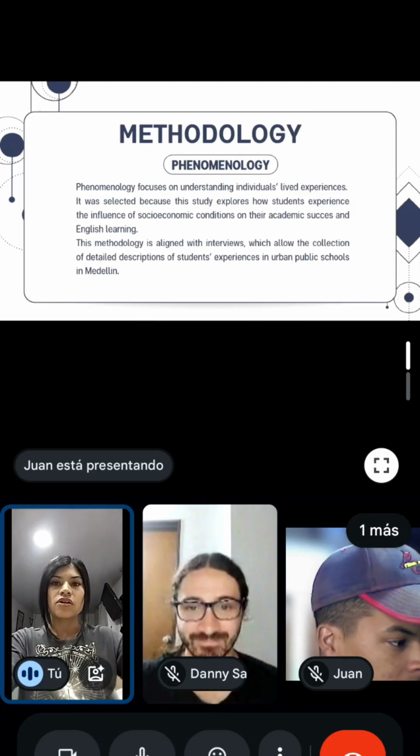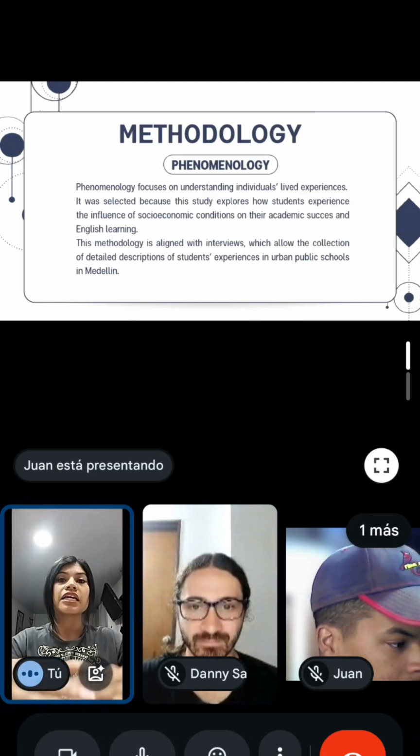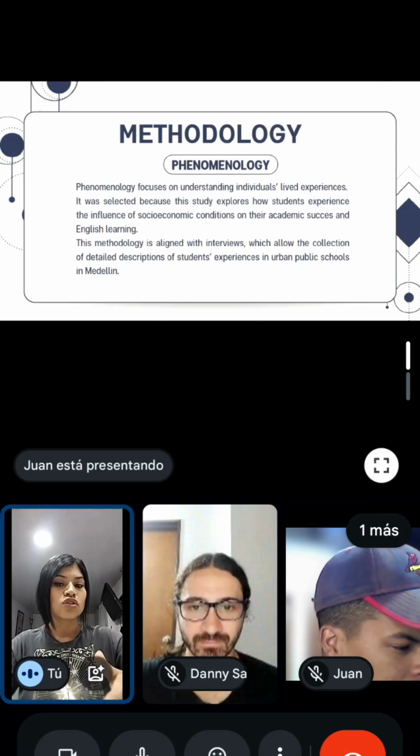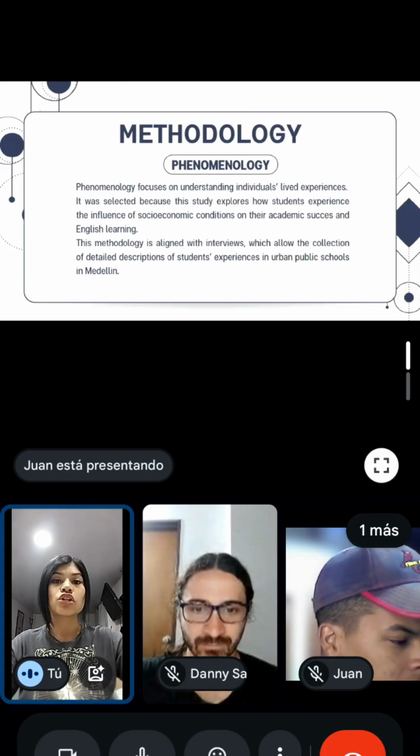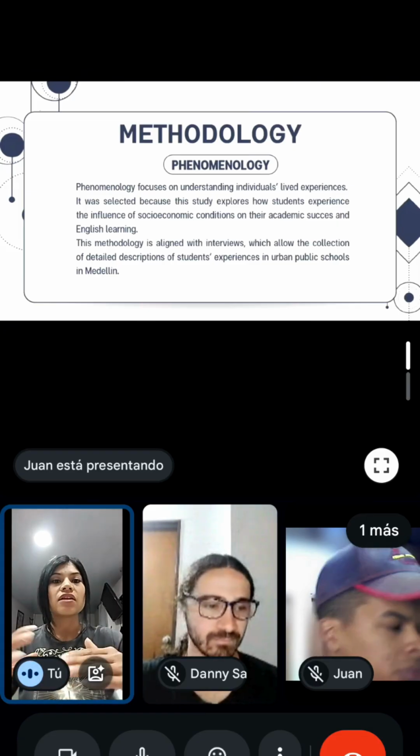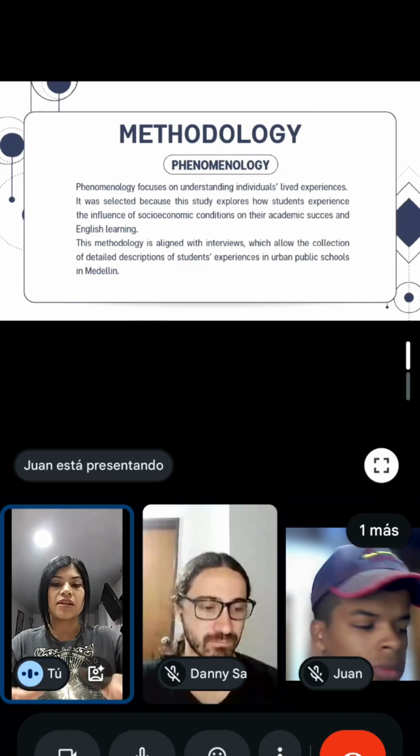This methodology is appropriate because it allows us to analyze students' perceptions within their real educational context, especially in urban public schools in Medellin.